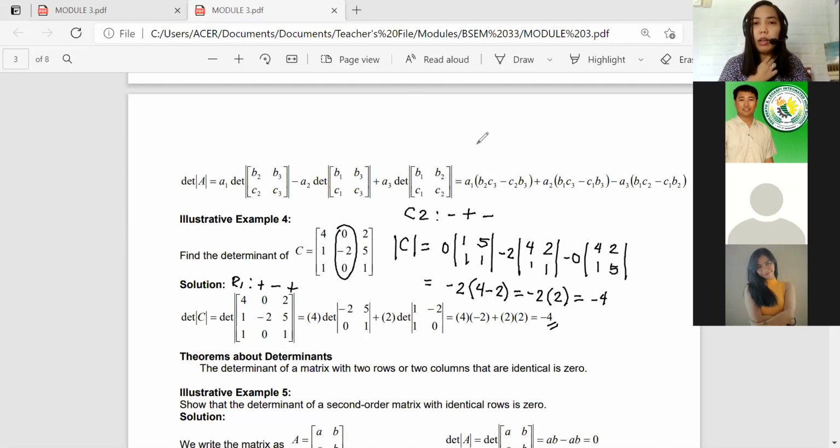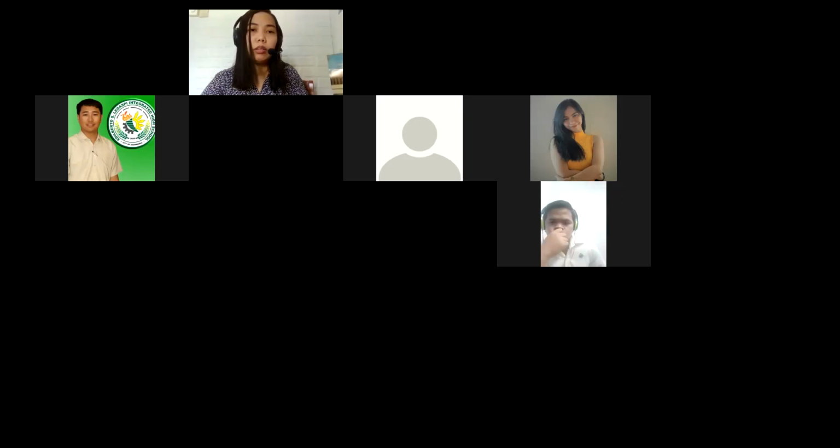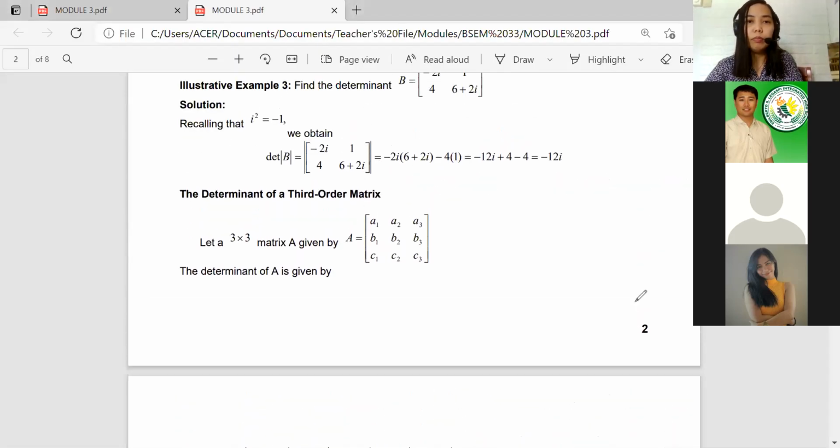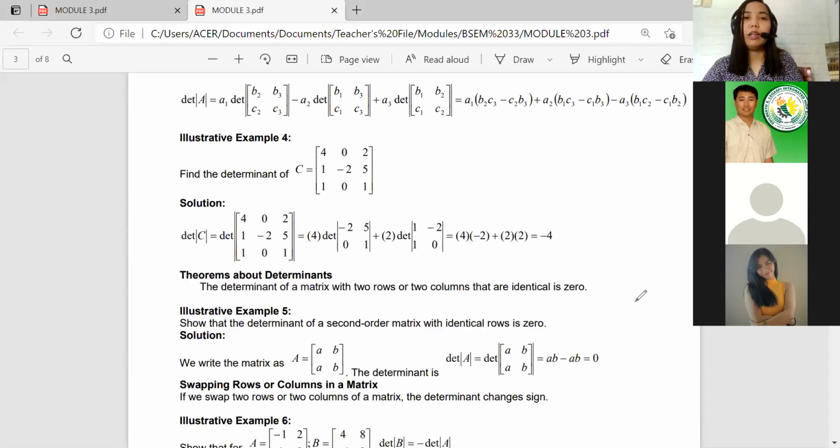And yung kanina nabanggit, yung cofactor expansion, yung ginawa ni Ira last time, nag-add ng, kinopya yung first two columns. Okay, dito.